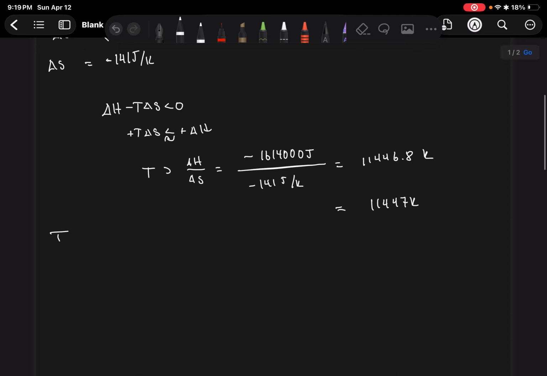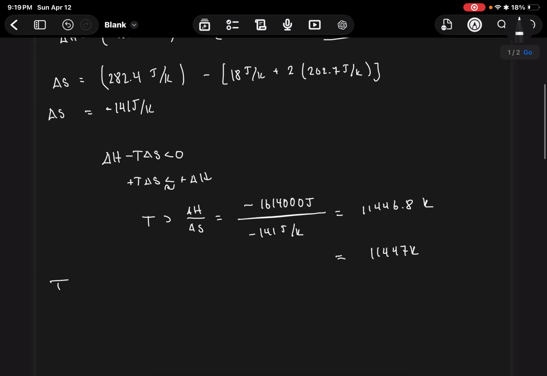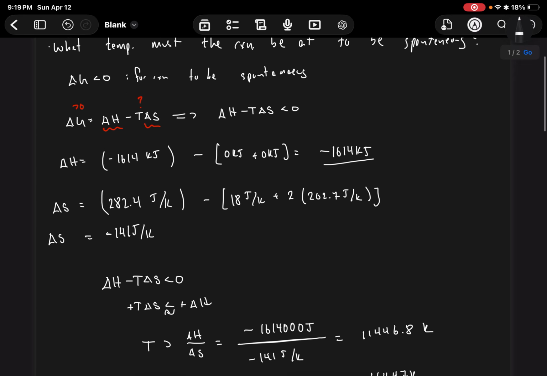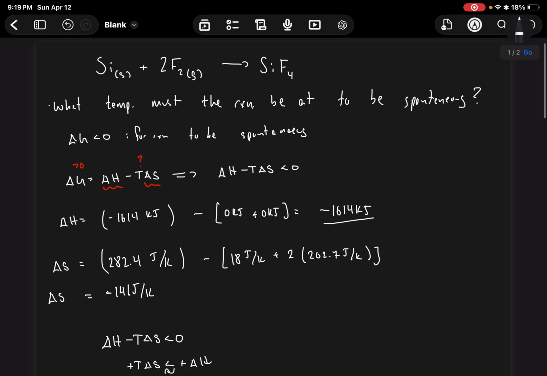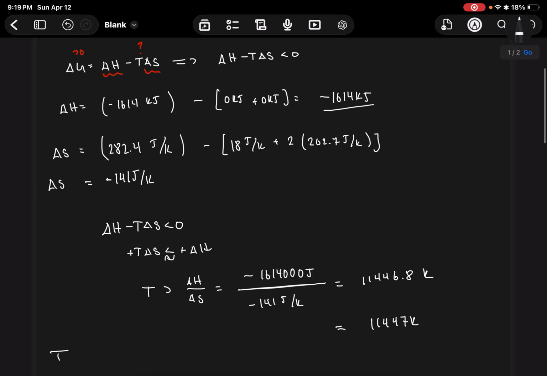Okay, the answer should be T is less than this, but I don't know why I got greater than. Because delta G must be less than 0. So if you flip it.